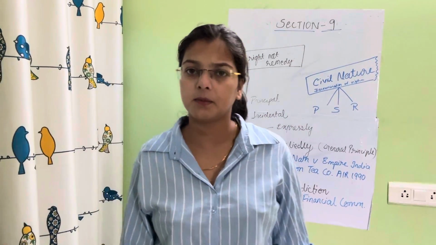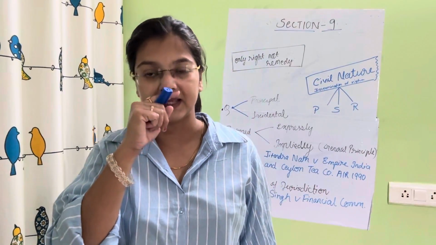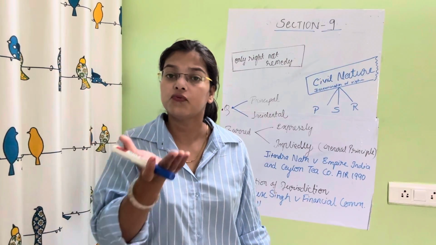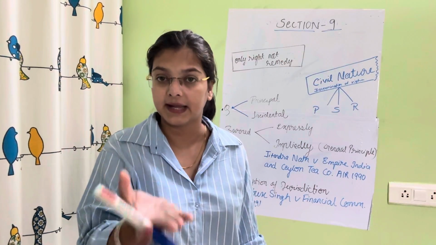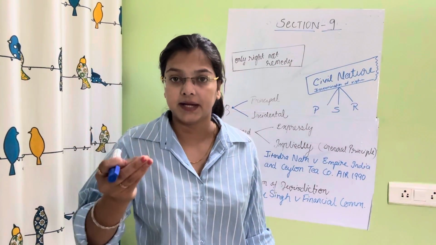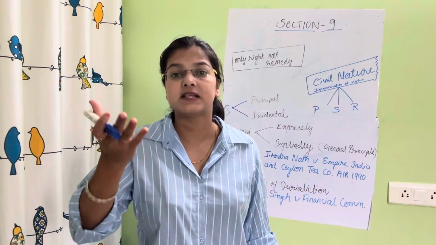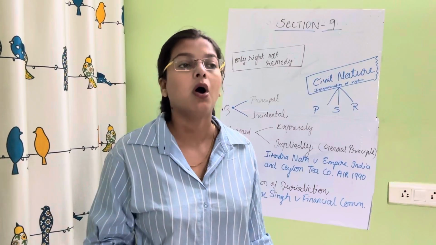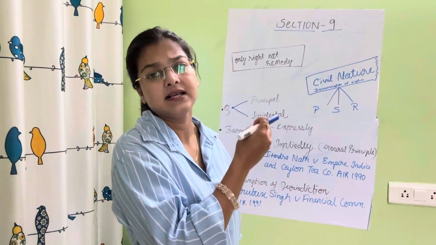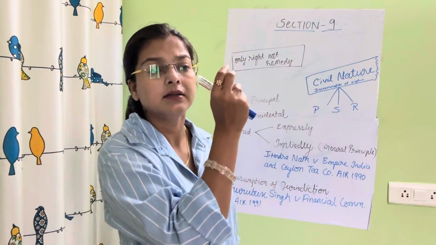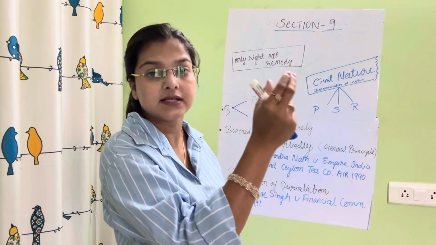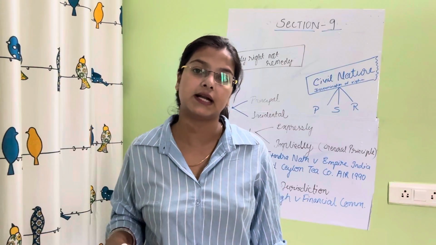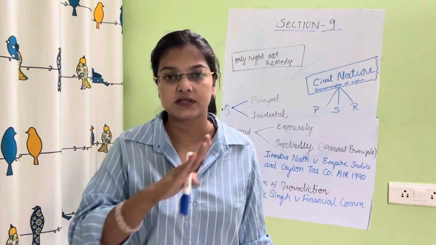What is expressly barred? Expressly barred means that if the government, the parliament, or a statute, an act has been made to establish a specific tribunal or a specific court, and that act is categorically saying that the jurisdiction of the civil court is not to be there, because for this purpose a special court is getting established. So this is expressly barred.